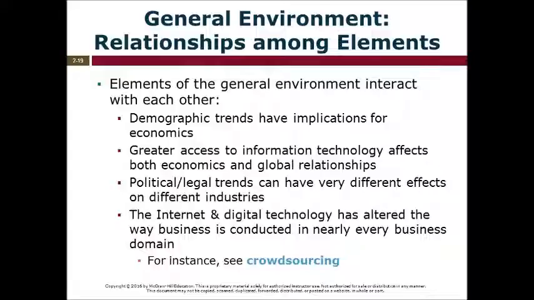Okay, let's take a look at what happens when some of these different elements overlap each other. Crowdsourcing is a great example. It's a combination of technology and people. We can take crowdsourcing, which is virtually the use of large crowds on the internet, and we can use those people to help us make business decisions and to solve problems.